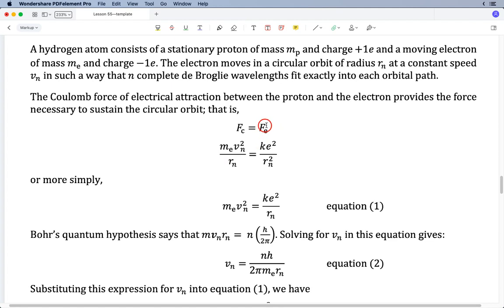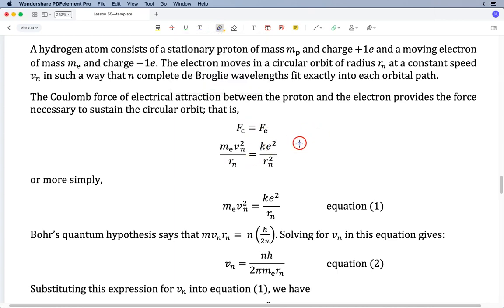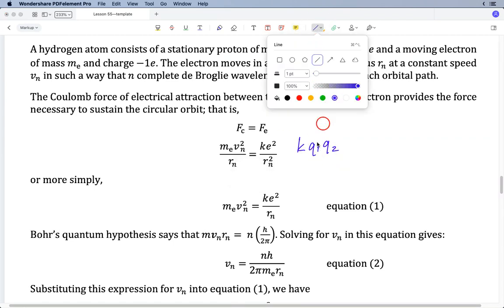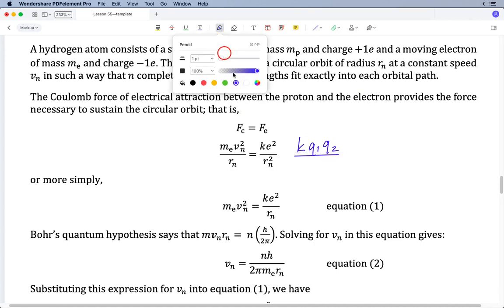And that's equal to the Coulomb force. The way we wrote the Coulomb force earlier in the course, we said it was K Q1 Q2 over r squared.